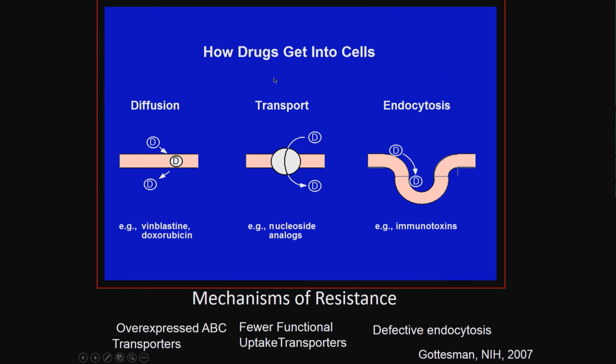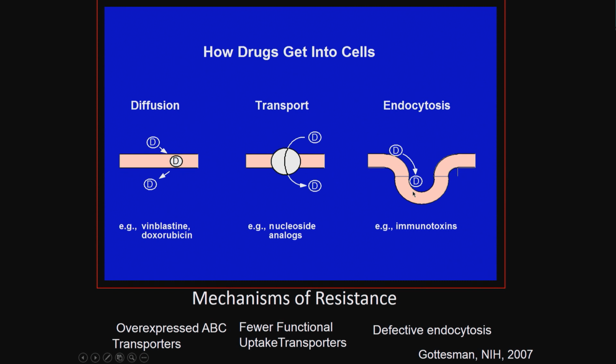For example, if you look at how drugs get into cells, one is diffusion, like anti-cancer drugs such as vinblastine and doxorubicin. Then transport, like nucleoside analogues, where there are transporters which transport. Then endocytosis, like gobbling up, as with immunotoxins.